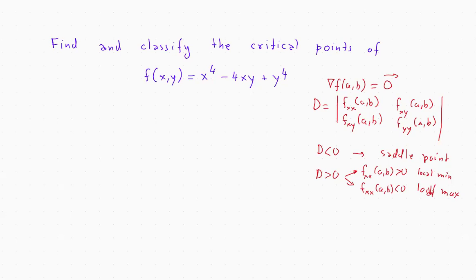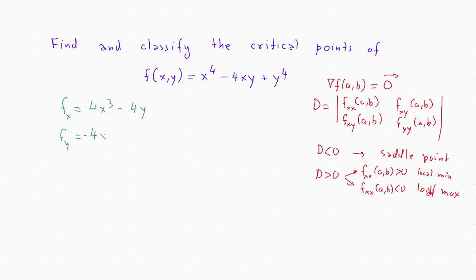So why don't we get started by finding the critical points of the given function? So f sub x is equal to 4x cubed minus 4y, and f sub y is equal to minus 4x plus 4y cubed.